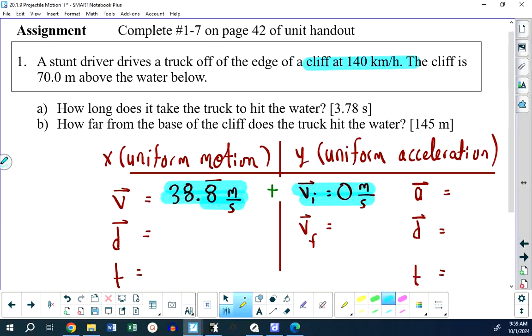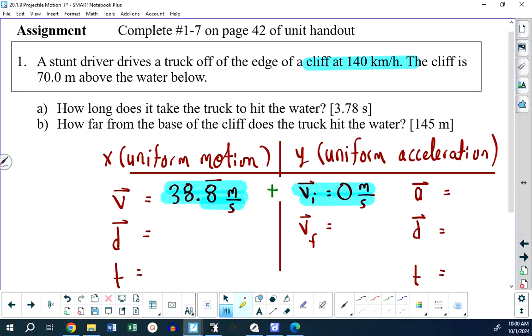Not just because 38.8 plus 0 is 38.8, but because 38.8 east and 0 north-south gives you 38.8 east. These are components of that original vector. But we didn't think of it as components because we just said, well, it's horizontal, so it's all horizontal. Are you with me on this? I'm not wasting my time here with this explanation. You're getting it? Okay. And then you fill in the other information.